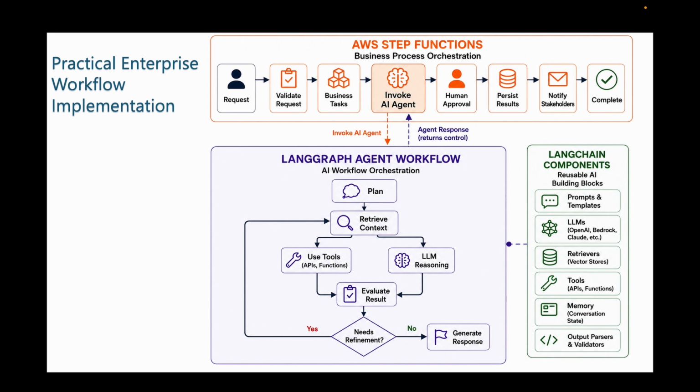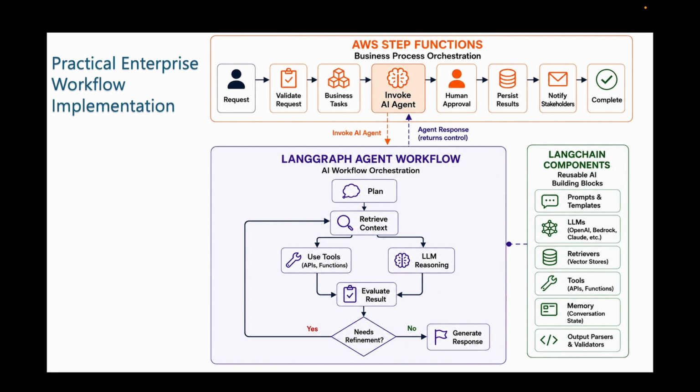When the workflow reaches a step where it requires intelligence, Step Functions invokes the AI agent, and this is where LangGraph comes in. LangGraph orchestrates the AI workflow itself by managing the planning, retrieval, tool execution, and iterative refinement of the overall workflow response. And LangChain provides the reusable components to LangGraph for prompts, LLM integrations, retrievers, tools, etc.